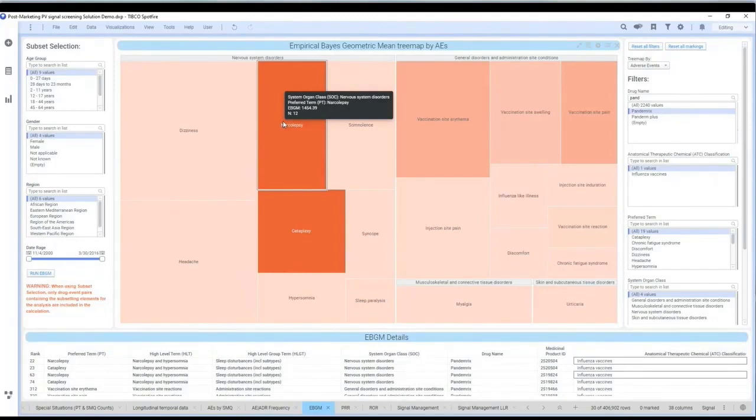After finding the signal, several regulatory authorities restricted the use of Pandemrix, and there are lots of studies investigating this association.